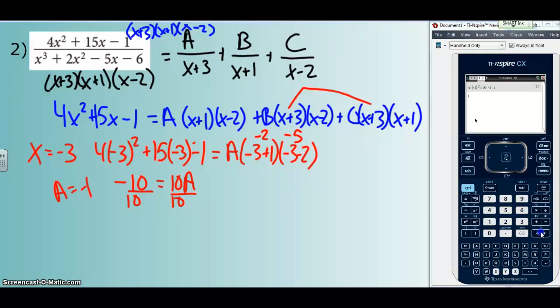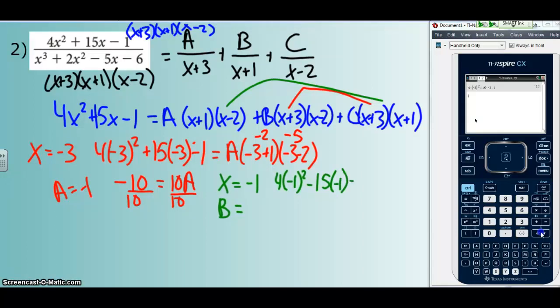Okay. To get the B, I'm going to look and see what A and C have in common. They have x plus 1 in common. So I'm going to pick negative 1, and that's going to get me what B is going to equal. So I'm going to plug negative 1 in. So I have 4 times negative 1 squared minus 15 times negative 1 minus 1. And then on the other side, I just want the b. So I have negative 1 plus 3 and negative 1 minus 2.